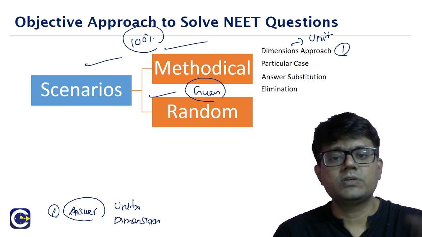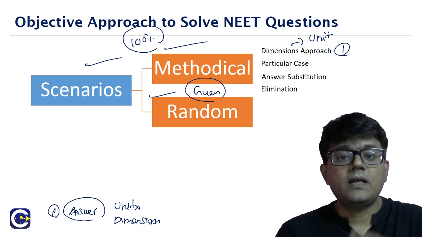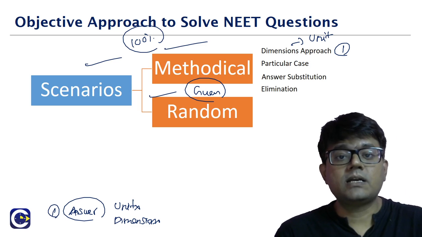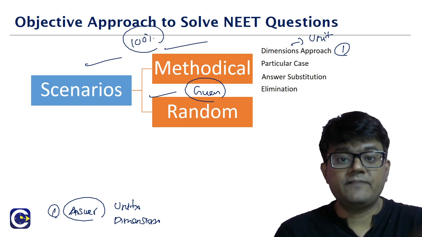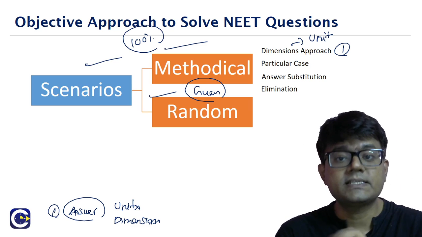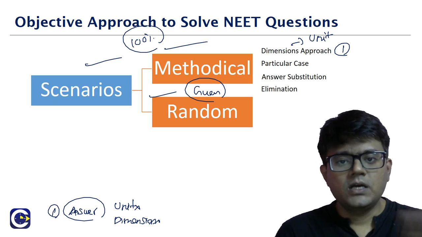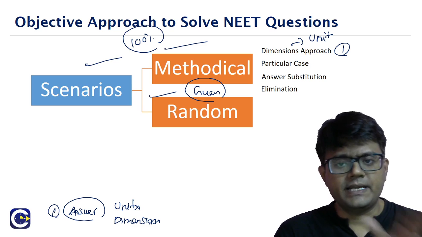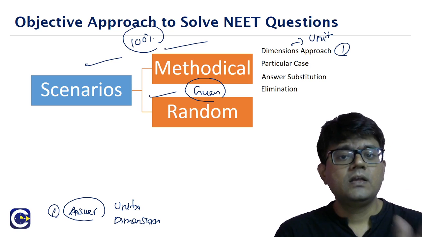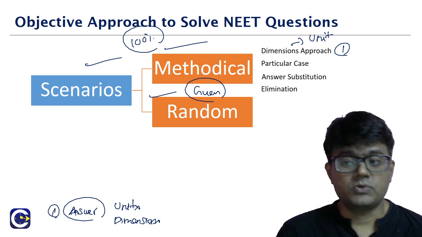For example, if the question is asking about speed, only one of the 4 options matches the dimensions or units of speed. Then definitely that is going to be the correct answer. That is what is called the dimensions approach or unit approach. Every year in the NEET paper, you will have about one question which can be solved using this approach.